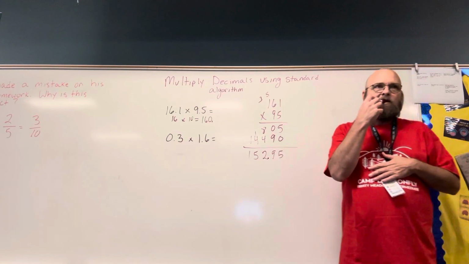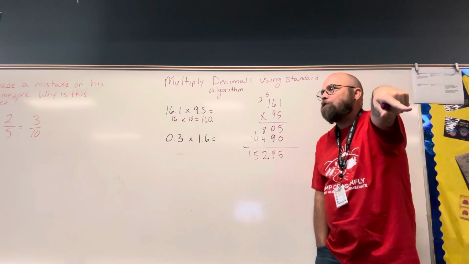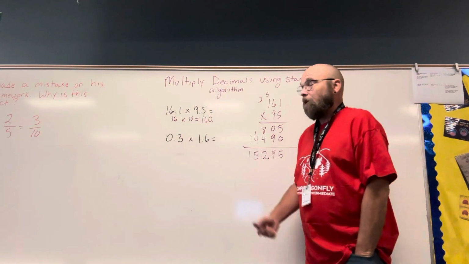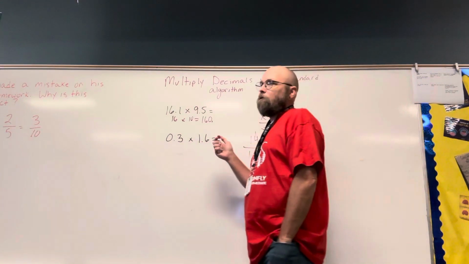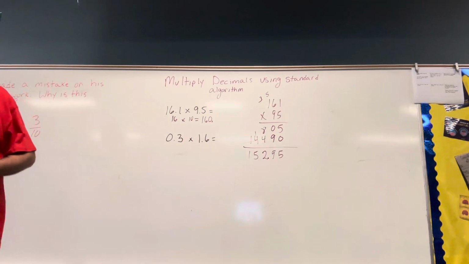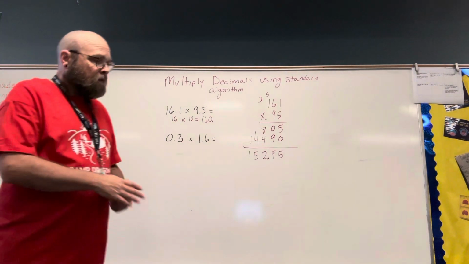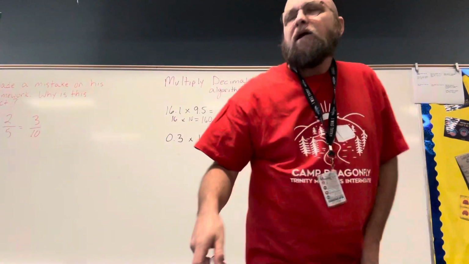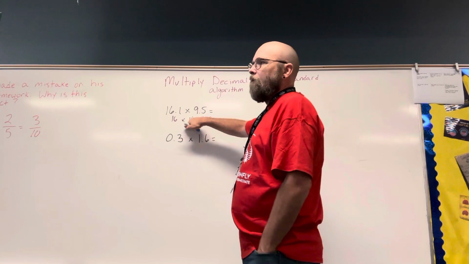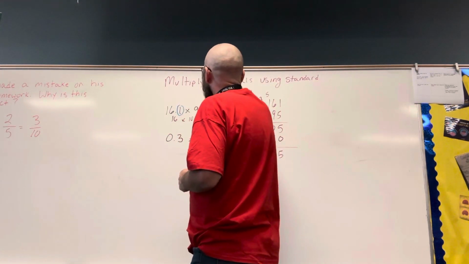There's also another way to do it. This is a good way because you always want to do your problems more than once so you can check it. The other way to do it is to count in the problem how many numbers are behind the decimal point. This factor has 1. This factor has 1.